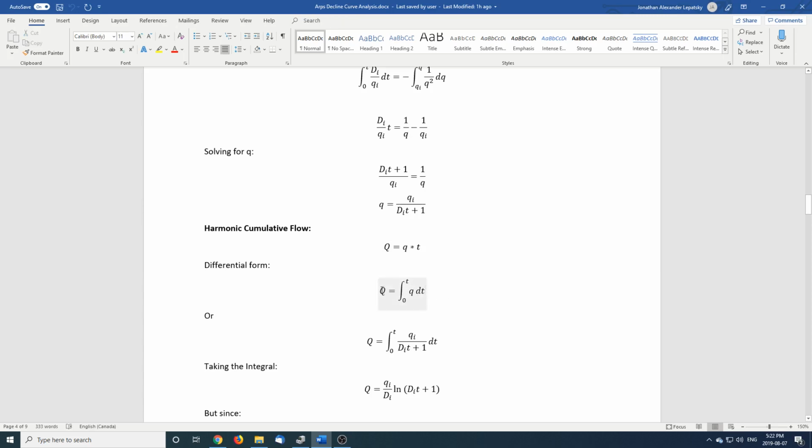So cumulative flow is equal to the integral between time equals 0 to time equals t of q dt. Now we want to put an equation in here for q that's dependent on t, and we already developed that just previously, which is this here. So we substitute this q and its representation into this q, and then you get this equation here.